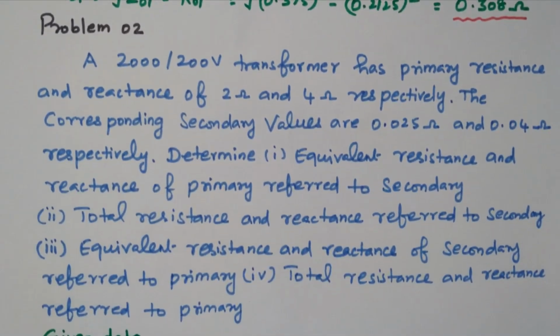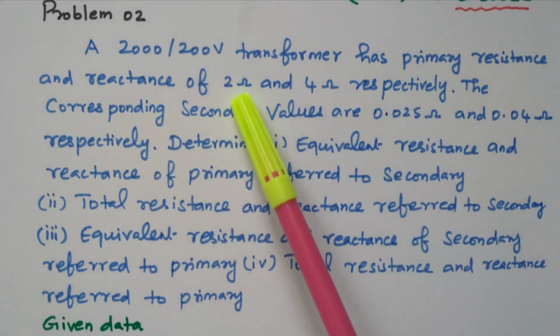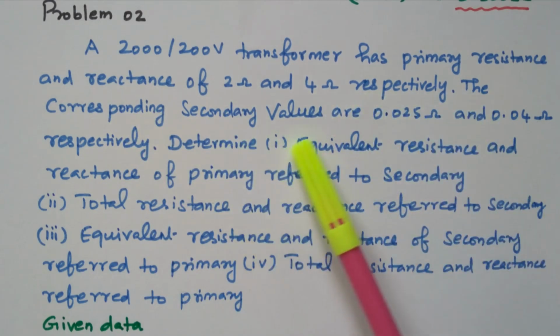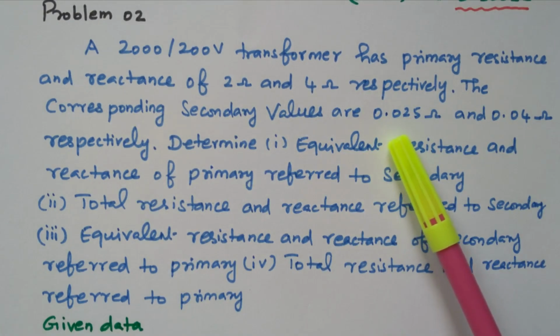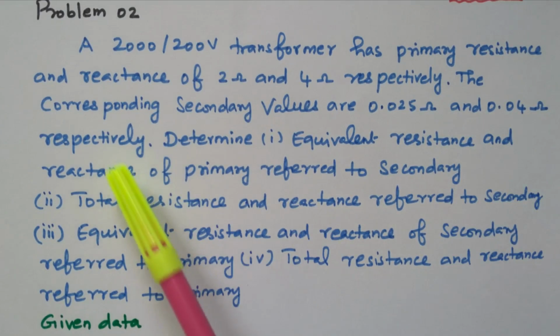A 2000 by 200 volt transformer has primary resistance and reactance of 2 ohm and 4 ohm respectively. The corresponding secondary values are 0.025 and 0.04 ohm respectively.